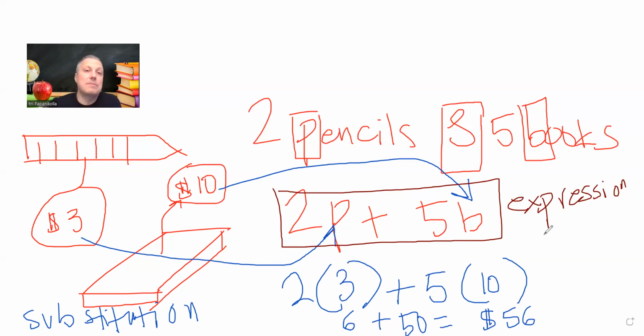Sometimes it's a value, sometimes it's something else, but that's the next step, so then you can actually solve the expression. So step number one, when you see word problems, which are intimidating, is to create an expression out of the word problem. Step number two will be to solve the expression.